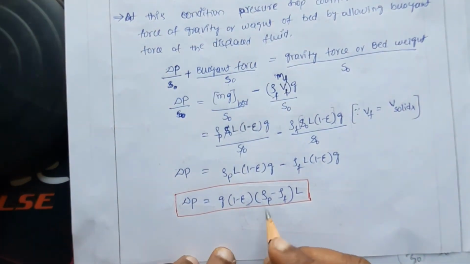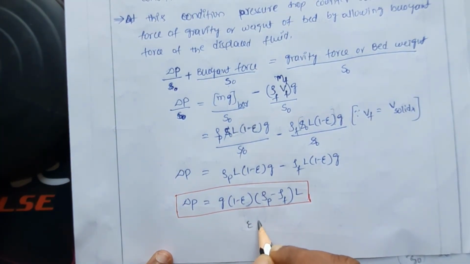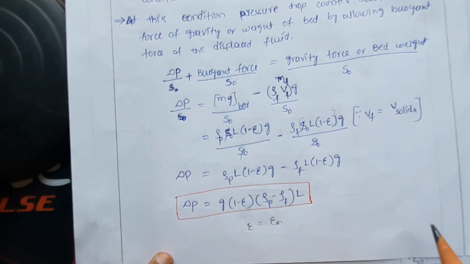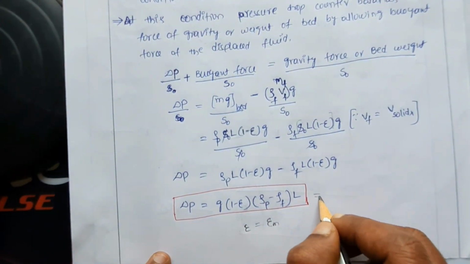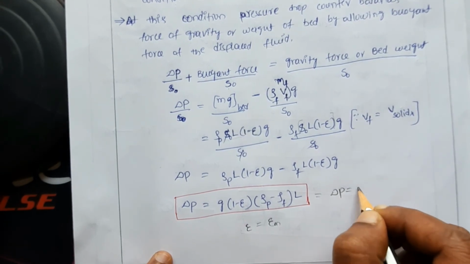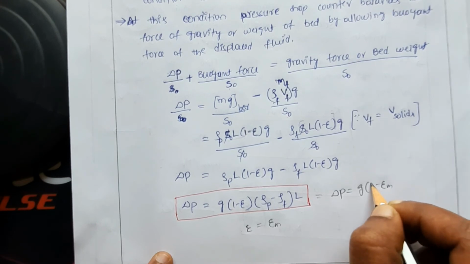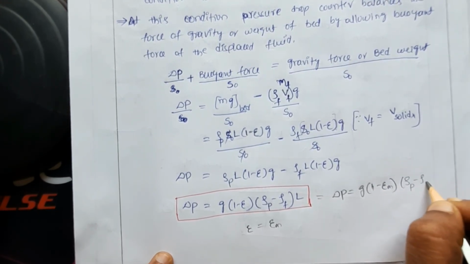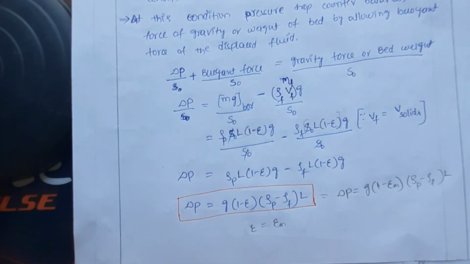At this condition epsilon is called epsilon M, the minimum porosity. Clear? So this equation can be represented as delta P equals g (1 minus epsilon M) (rho P minus rho F) L. Thank you.